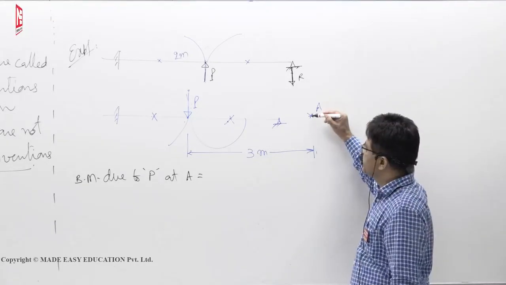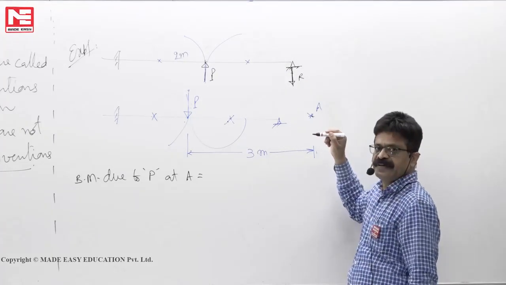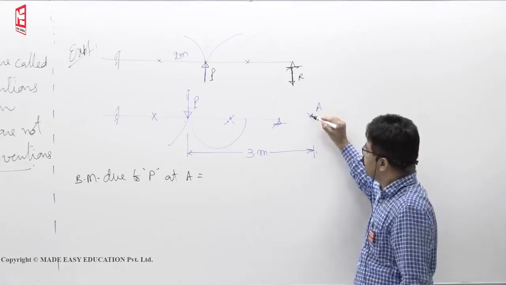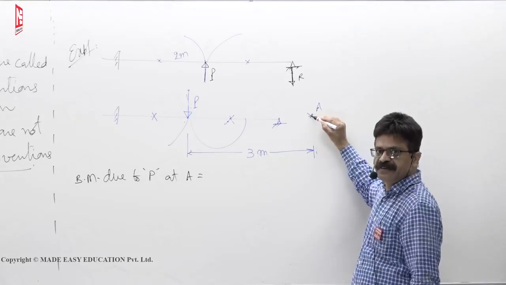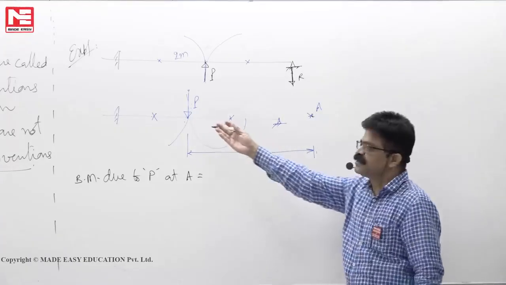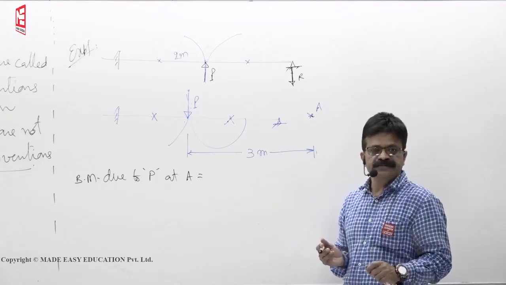First task, assume that at A I asked you to bend it, as in the case we have done earlier, here also. Your first task is to stand. Stand at A. Immediately what will happen? We will fall down. When we are falling down, whether this fellow gives positive bending moment or negative bending moment, you cannot worry.